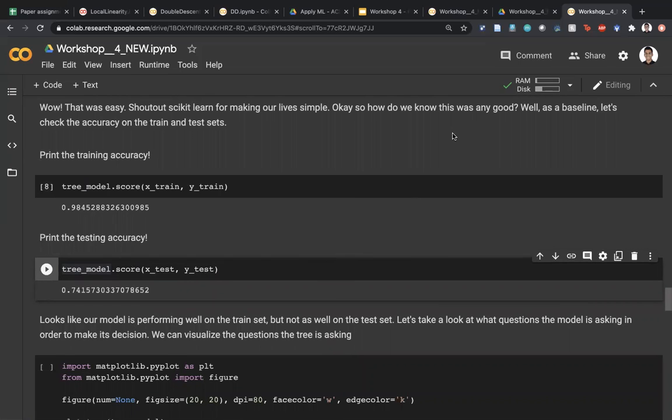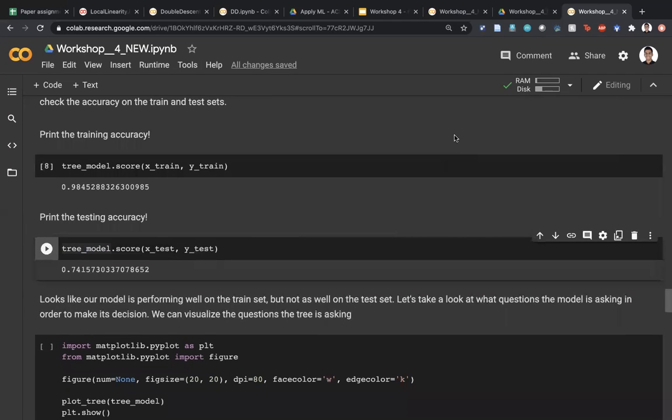So what's happened here? It seems like our decision tree model did great on our training set, got 98% accuracy, but all of a sudden when we go to our testing set, we drop to 74% accuracy. It's just cratering, right? We're going to be answering the question of why this happens in just a few minutes. But let's see what exactly our model is doing.